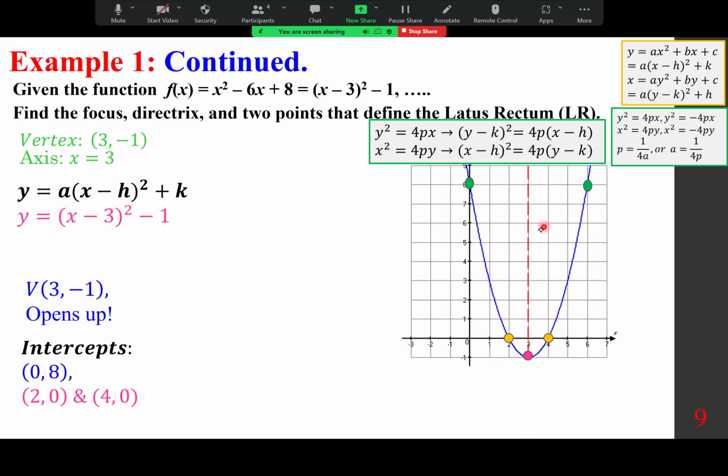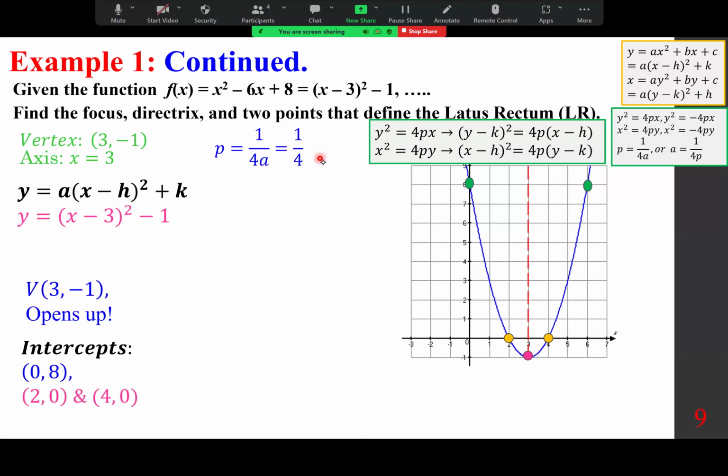So you need to figure out the focal distance. Now, remember where the focus goes. The focus is on the same line as the axis, at a distance of focal distance, called the p, as you recall. And p, I said it's 1 over 4a if we go with this format. We know a is 1. So p is 1 over 4a, 1 over 4 times 1, which is 1/4.